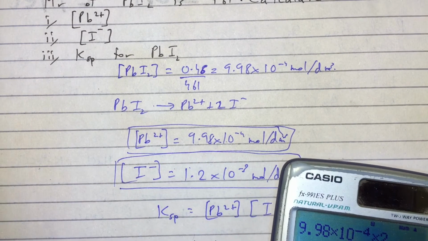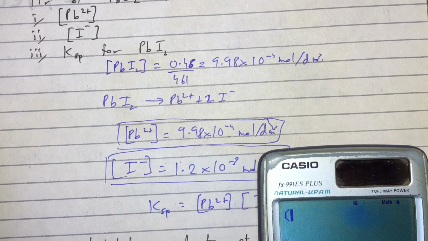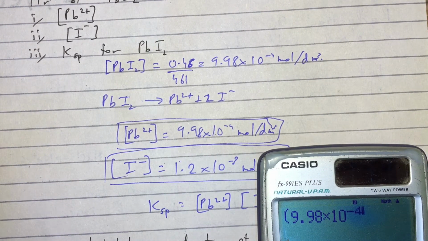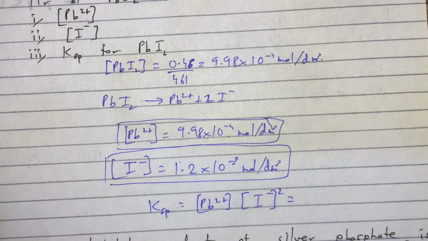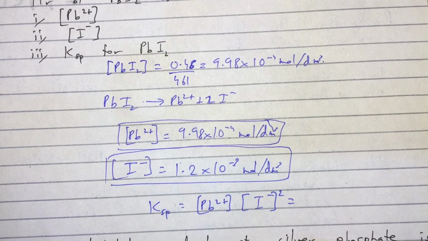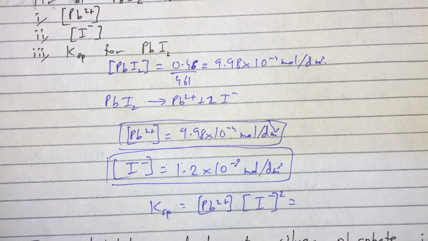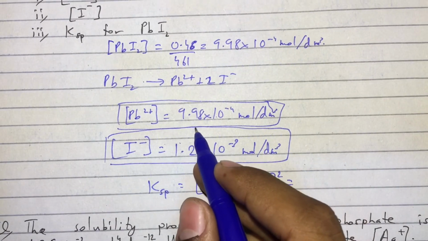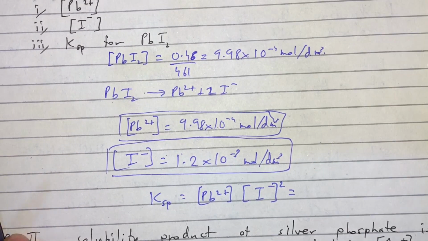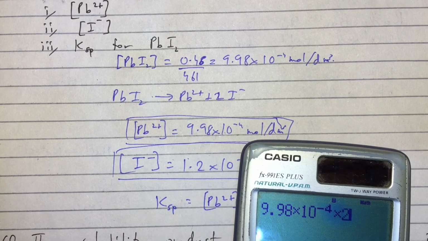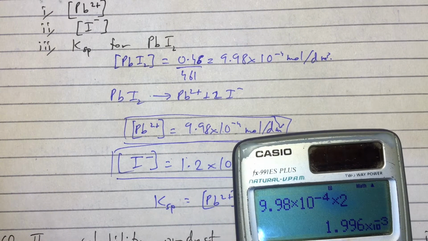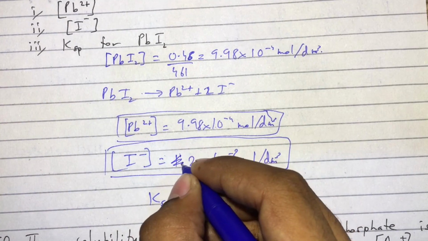So it's basically 9.98 times 10 power negative 4 times... sorry, this is not 1.2, this is basically for the I- concentration. It's basically 9.98 times 10 power negative 4 times 2. That is 1.99, approximately 2 times 10 power negative 3. So it's 2 times 10 power negative 3.